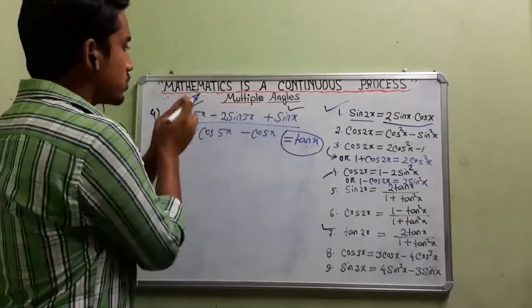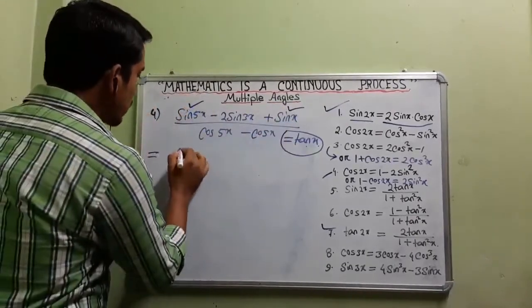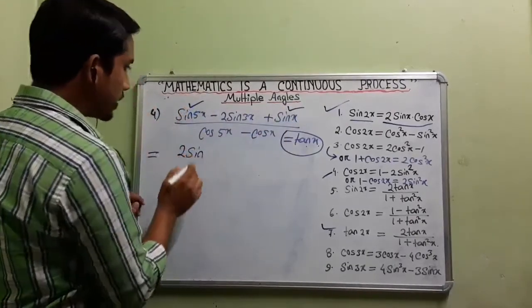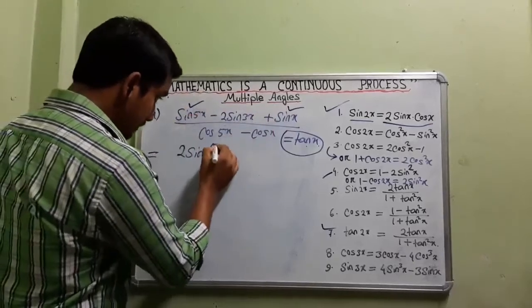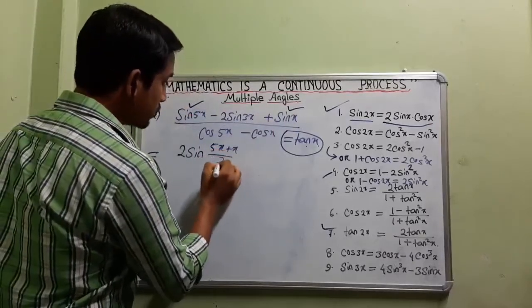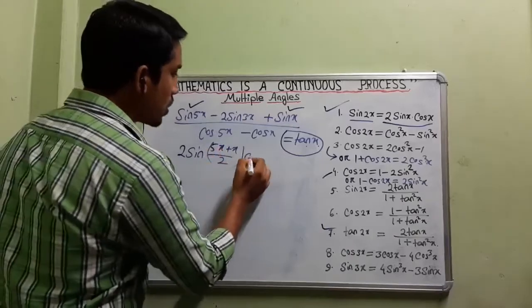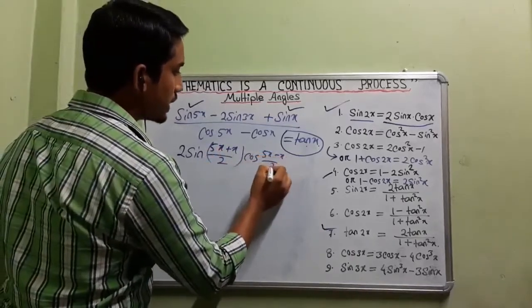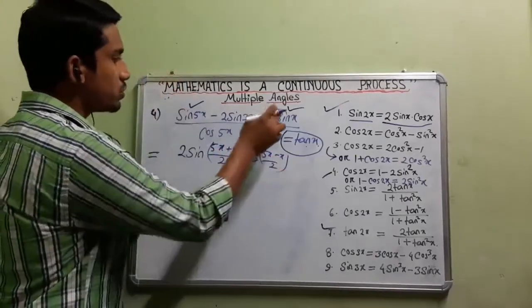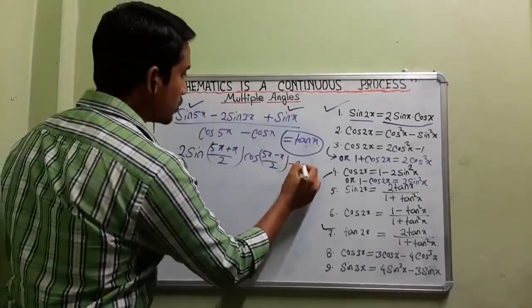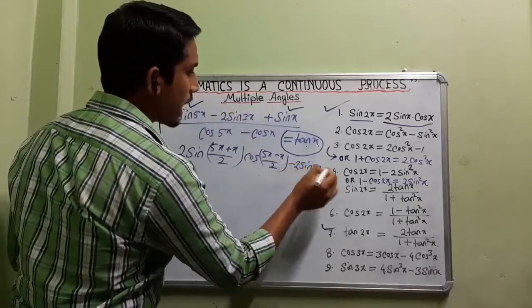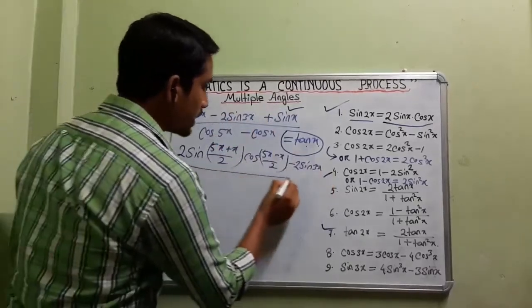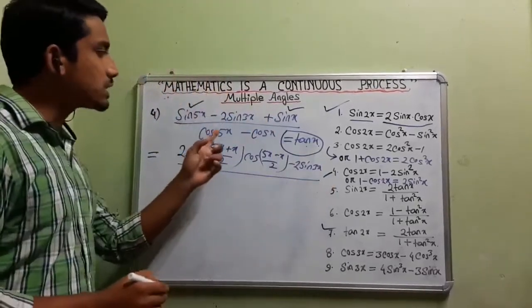So if I take these two together, sin c plus sin d, what was the formula? 2 sin of (c plus d) by 2, that means (5x plus x) by 2, into cos of (c minus d) by 2, that means (5x minus x) by 2. I have taken the formula for these two. What is remaining is minus 2 sin 3x. Divided by, similarly in the denominator, cos c minus cos d is there.